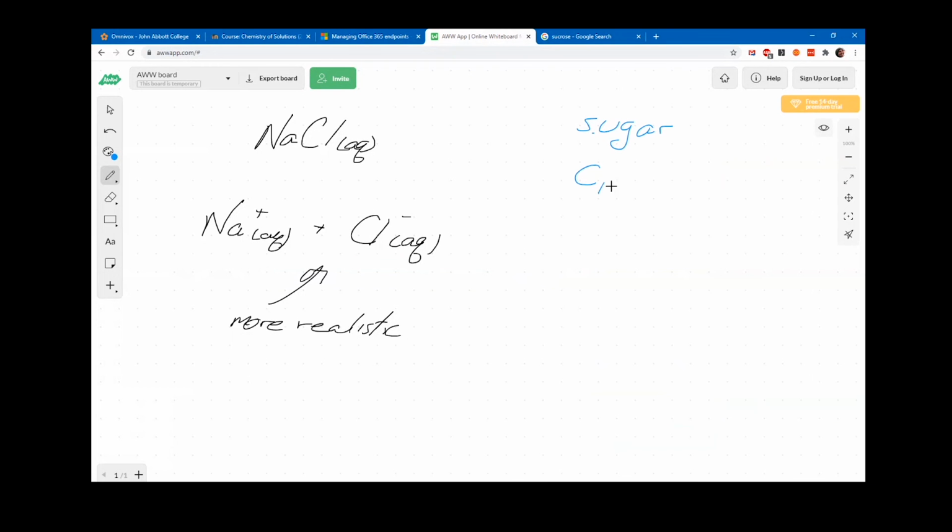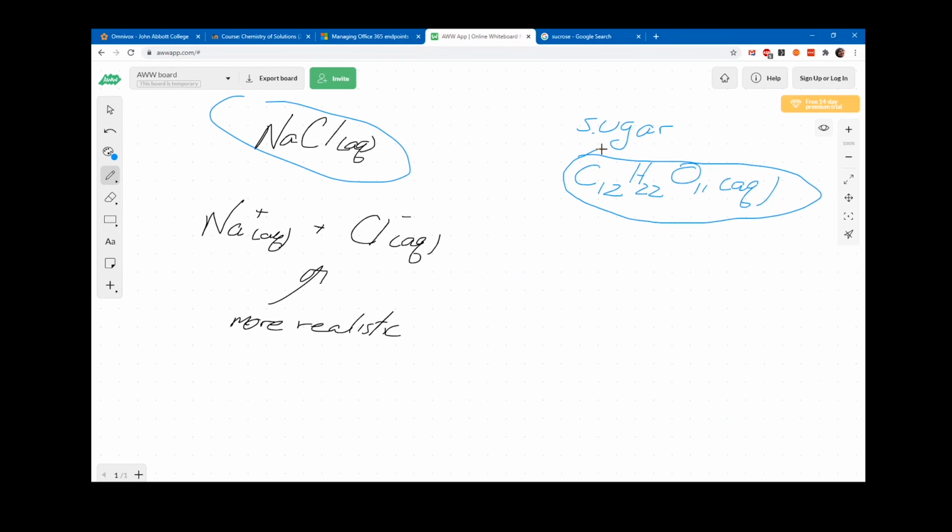Sugar, C12H22O11 aqueous, right? So this and this, in terms of how we write them, they look the same, right? But they mean different things because they are different categories of compounds. In the case of the sugar, which is a covalent compound, this is what it really means: I have sugar molecules surrounded by water.